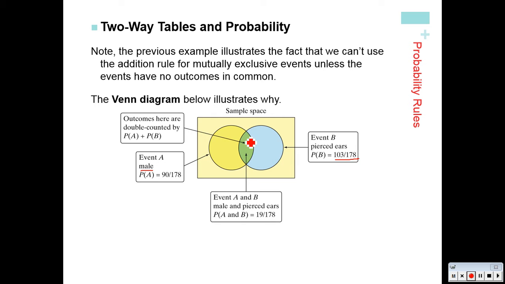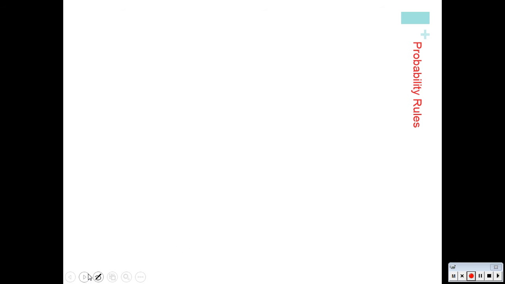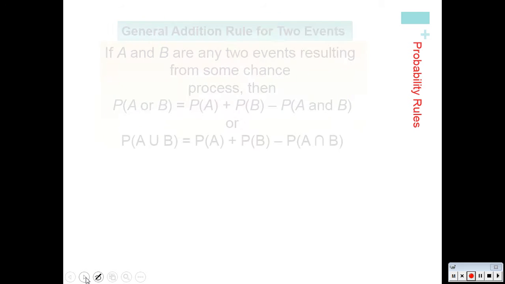This shaded area in the middle is the probability of A and B, meaning the probability that someone is male and has pierced ears. So it's the probability that someone is a part of both the male group and the pierced ears group. Venn diagrams can be very helpful with finding the probabilities of different outcomes.